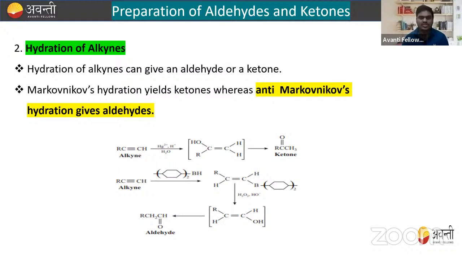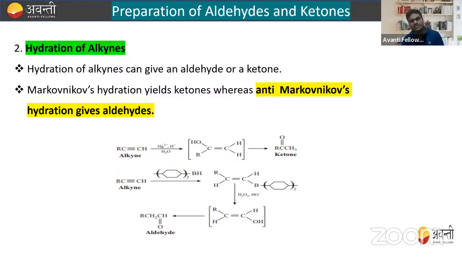Basically, Markovnikov hydration yields a ketone, whereas anti-Markovnikov hydration gives an aldehyde. So we treat the alkyne with water, right? When you add water according to Markovnikov's rule to the alkyne, you get the ketone, whereas anti-Markovnikov hydration gives the aldehyde.